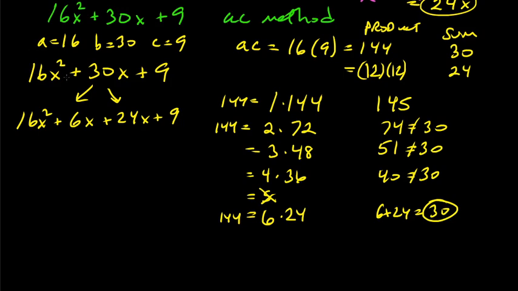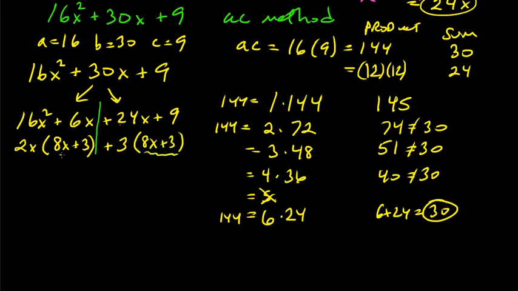Okay, now we factor by grouping, so we split this up. We factor from the first two terms. I think we can factor out a 2 and an x, so that leaves us with 8x plus 3. And from the last two terms, the 24 and the 9, we can factor out a 3, I think. That's it. And then when we divide, we get 8x plus 3.